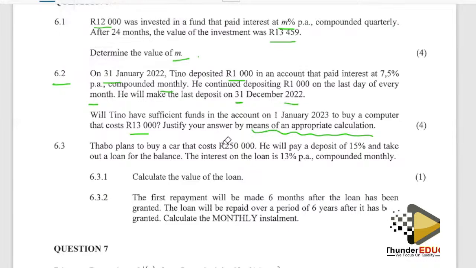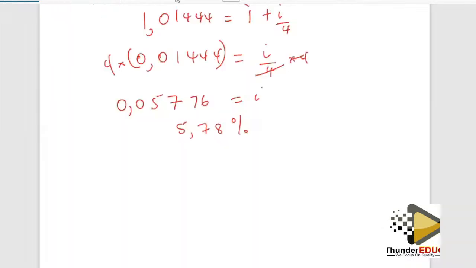One thing we need to understand from this question is that the 1,000 is going to represent our X. This is our I that is compounded monthly. And between 31st January and 31st December, we need to know how many N's there are. That's roughly 1 year. So we're going to use the future value formula and see.